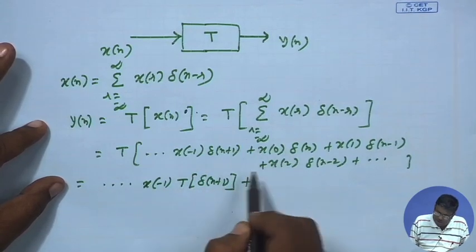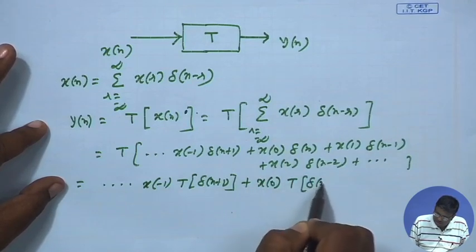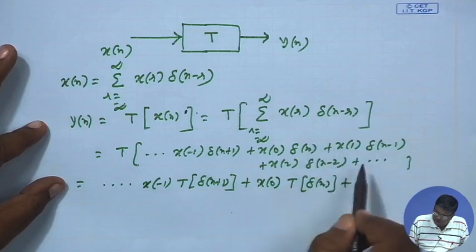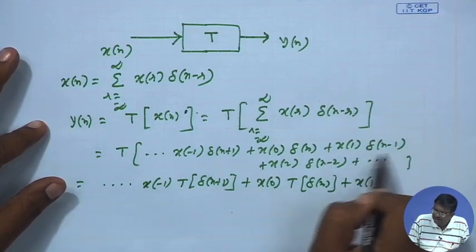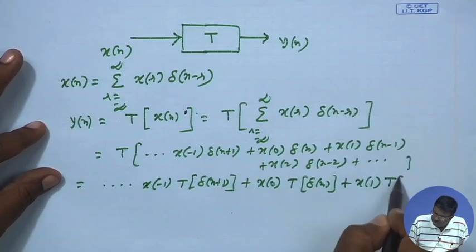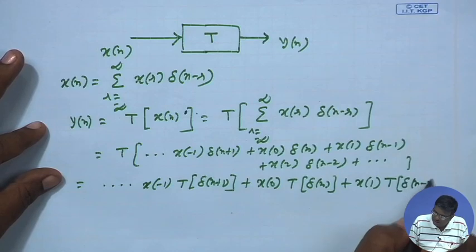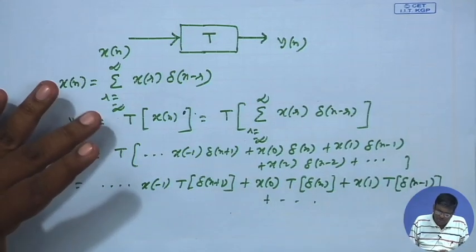Then x 0 will go out, T will work on that. X 1 is a constant again, so it will go out, because this is the sequence, it has n. This does not have n; anything that is a function of n is the sequence. So T will work on the sequence, this is just a constant, and so on.